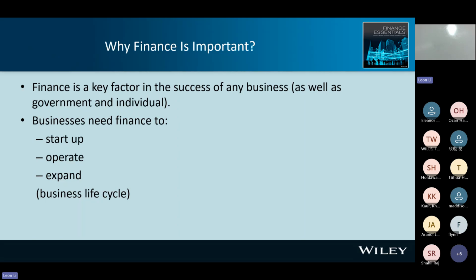Okay, next slide. So why is finance important? Finance is a key factor in the success of any business, as well as government and individuals. Businesses need finance to start up, operate, and expand, like a business life cycle: start up, company, mature.